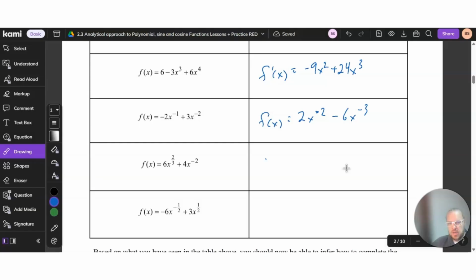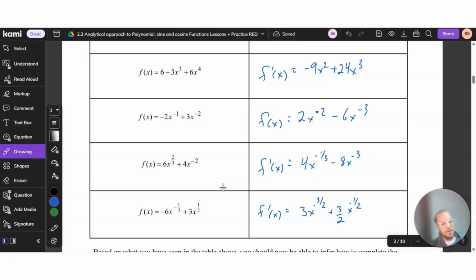Then we're getting into the really tricky ones. f prime of x is going to be 4x to the negative 1/3 minus 8x to the negative 3. And our last one here, f prime of x is going to be equal to 3x to the negative 3/2 plus 3/2 x to the negative 1/2.